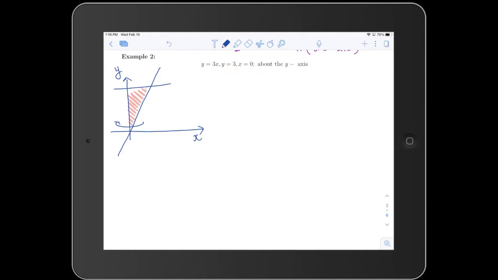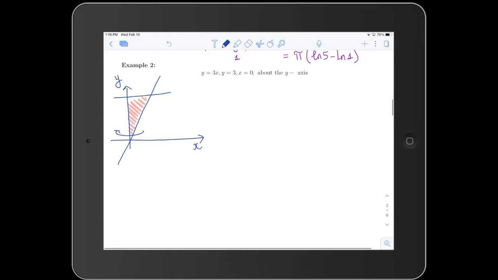Now we know what we're going to get. It's going to be a cone, and you could find the volume of this cone by just a geometric formula or by the disk method. But that's not the point. We want to see if we can do a different method, right? So now I'm going to highlight important parts again. About the y-axis means everything needs to be in terms of x.